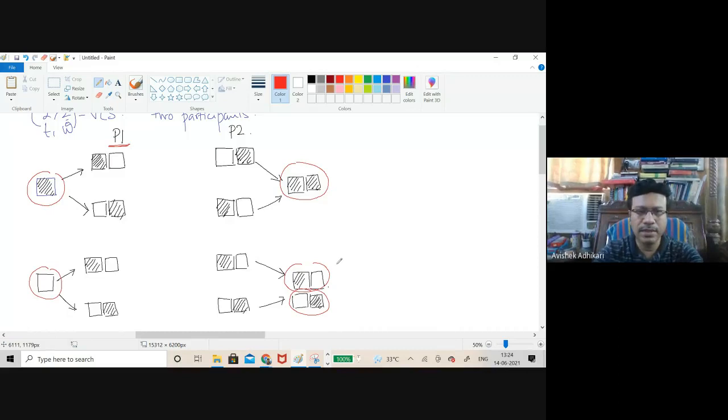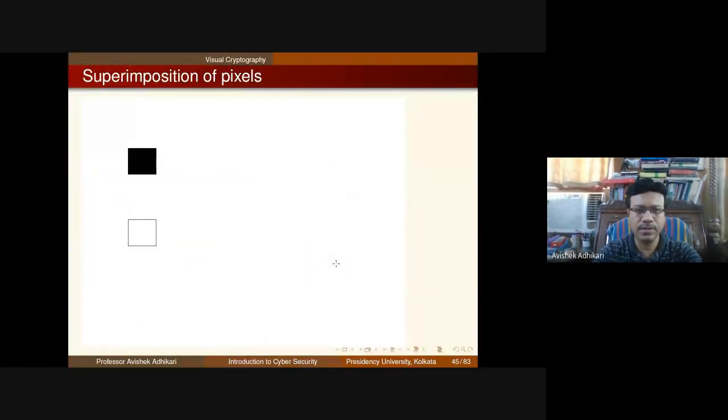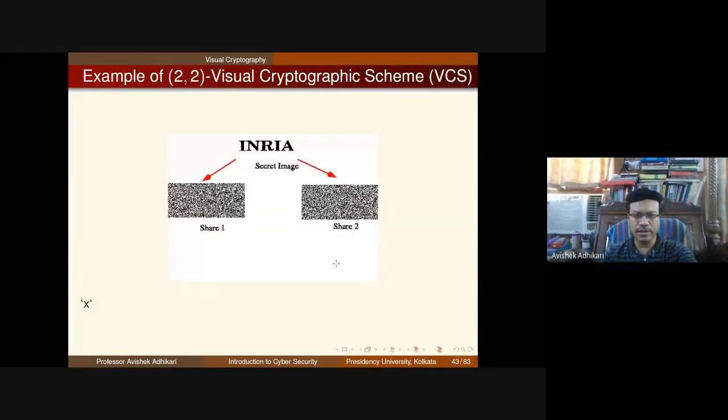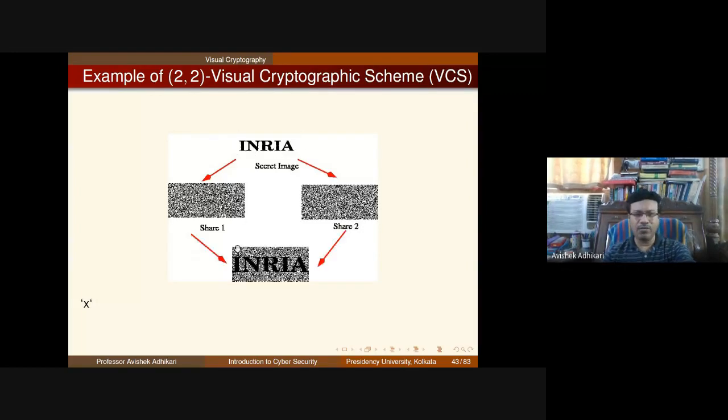If you look at the secret image, it was a completely black and white image. That means the background of INRIA was white. But if you look at the background of this superimposed image, you see that it is grayscale, but still there is a difference, so that we can at least visualize the INRIA quite easily. The background was complete white, but here the background is gray.